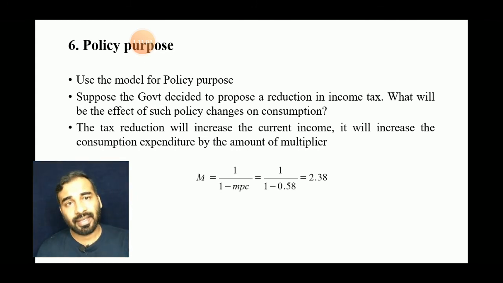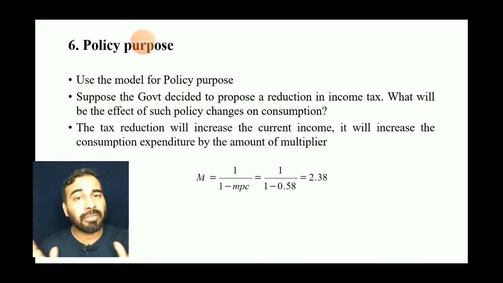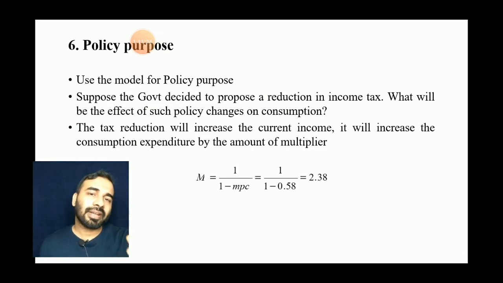What is the multiplier? 1 divided by 1 minus MPC. Whenever there is an increase in government expenditure or a decrease in tax, it will increase the consumption expenditure by the amount of the multiplier.